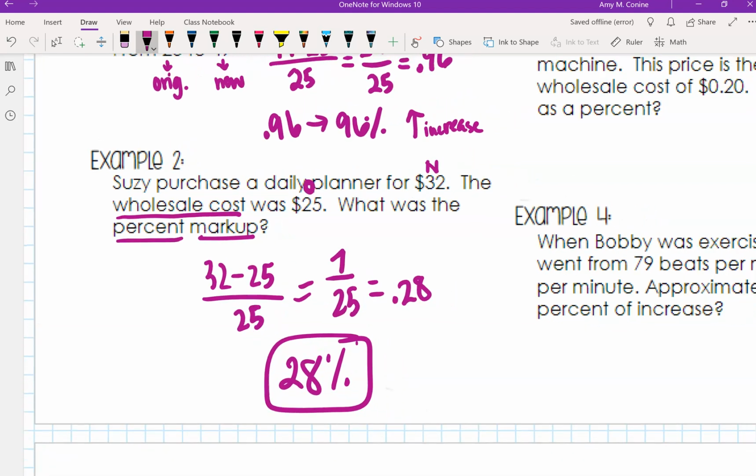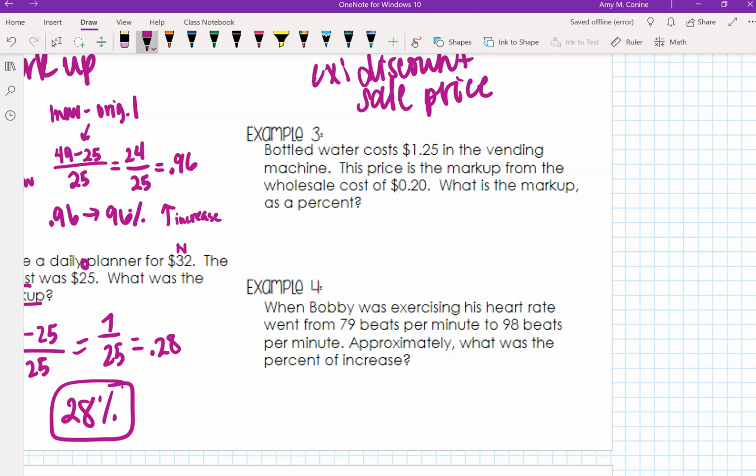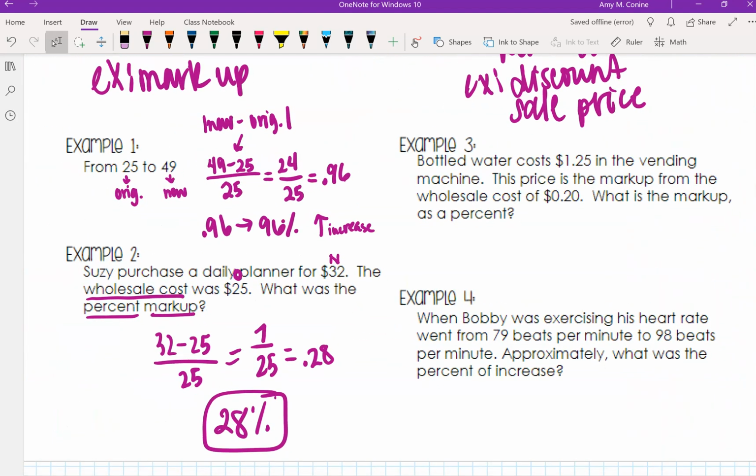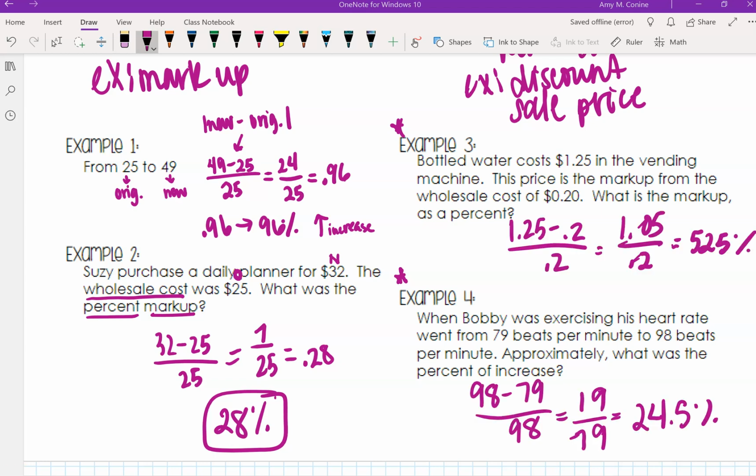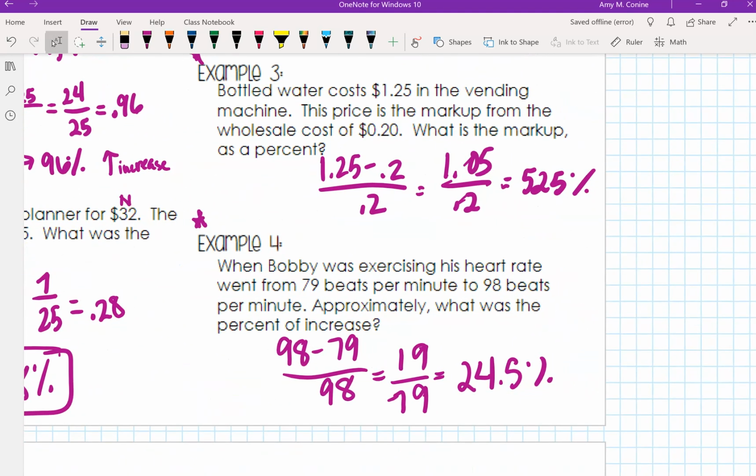All right. So at this point, I want you to try examples 3 and 4. And I want you to go ahead and do that now. All right, so for examples 3 and 4, 3, a bottle of water costs $1.25 in the vending machine, but this price is the markup from the wholesale price. The wholesale price was 20 cents. So your original is 20, your new is 125.